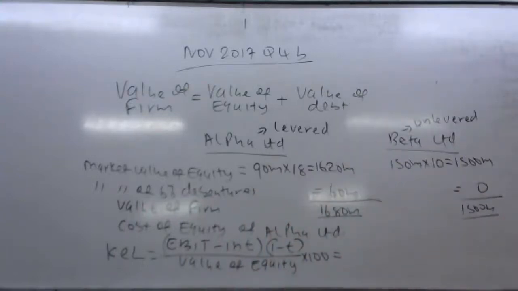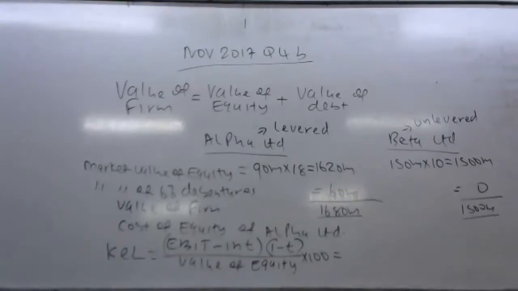So the cost of equity for the levered firm, because Alpha is levered, is the same as KEL. You take the earnings before interest and tax, subtract interest, times 1 minus the tax rate, divide by the value of equity, then express it as a percentage. Earnings before interest and tax is given.